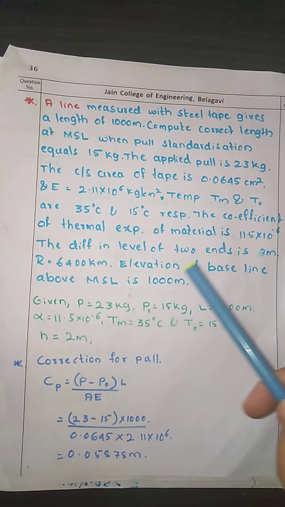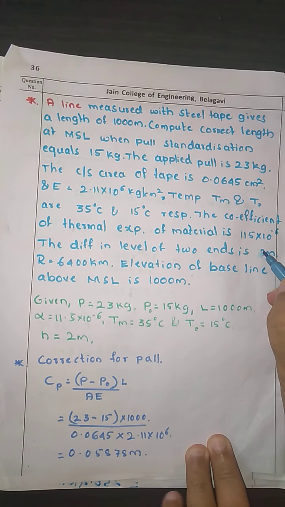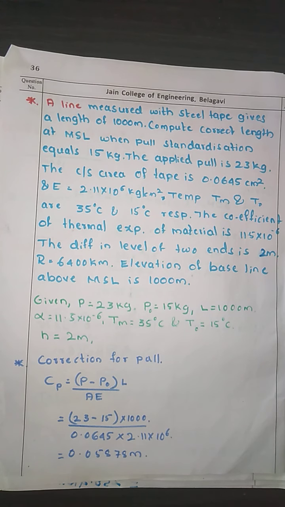The difference in level of the two ends is 2 meters, and the radius of earth is 6400 kilometers. The elevation of the baseline above MSL is 1000 meters. We have to determine the correction for the tape.